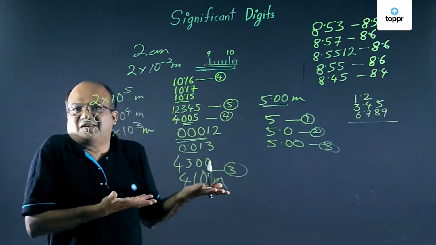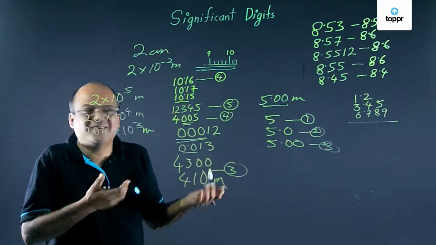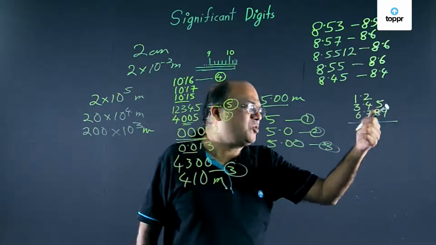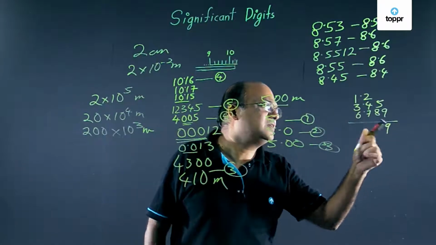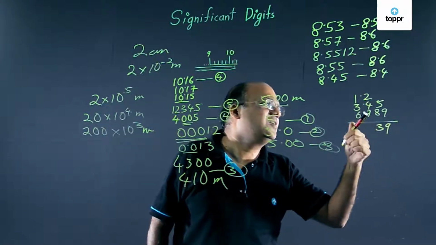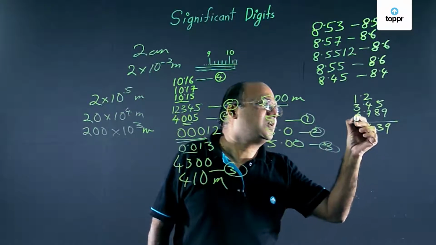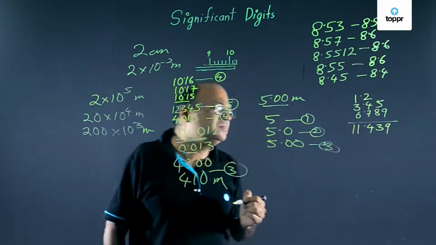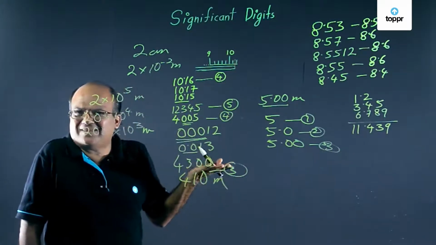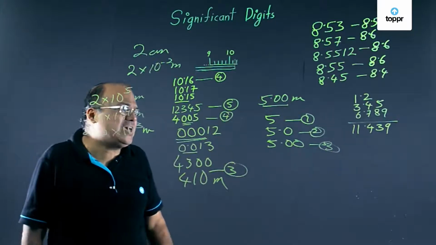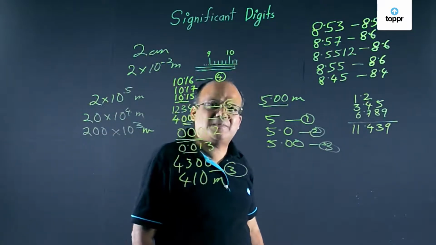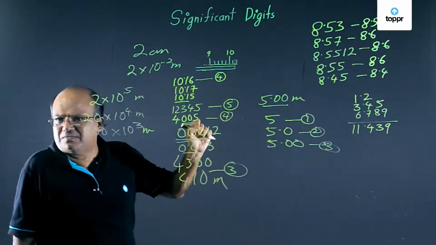You may think this is very easy. Let's do that. Suppose we add up first 9, 13, then you get 4 here, then you get 11. So this is the sum, right? So you may think the answer is 11.439.